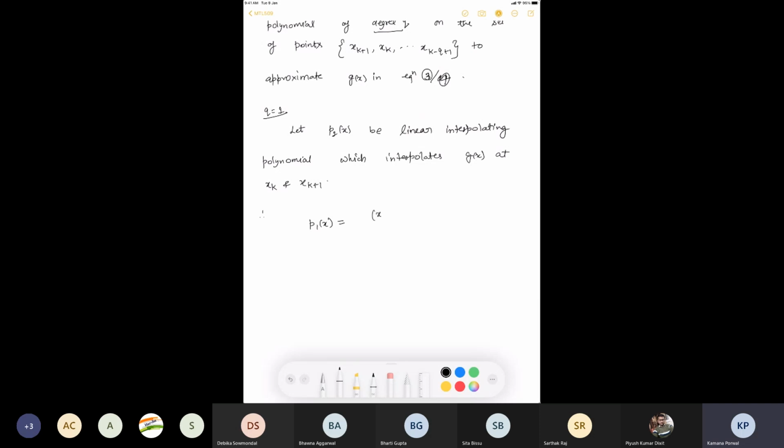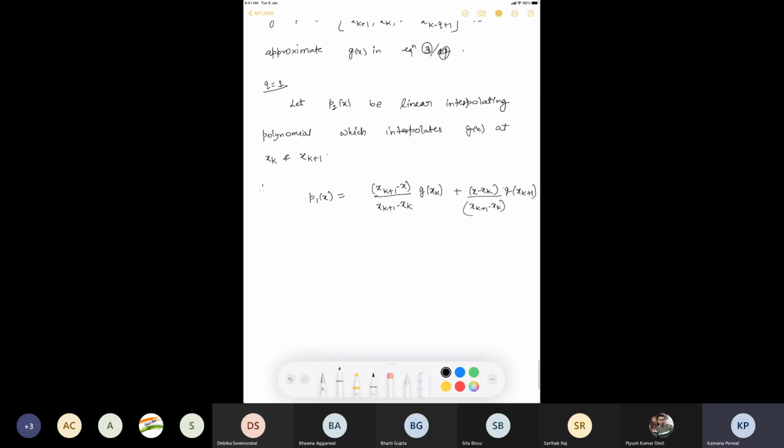Okay, so we have p1(x) as, you can write down its expression: (xk plus 1 minus x) divided by (xk plus 1 minus xk) times g evaluated at xk, plus (x minus xk) divided by (xk plus 1 minus xk) times g evaluated at xk plus 1. This distance is again h and this is also h.